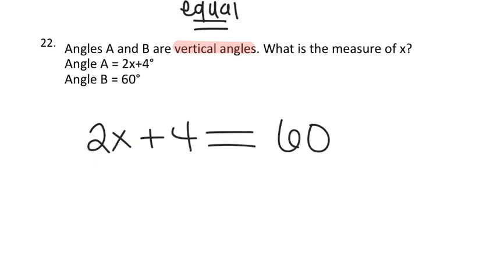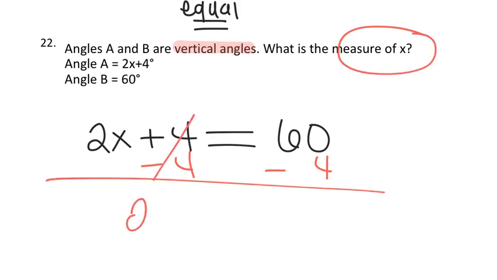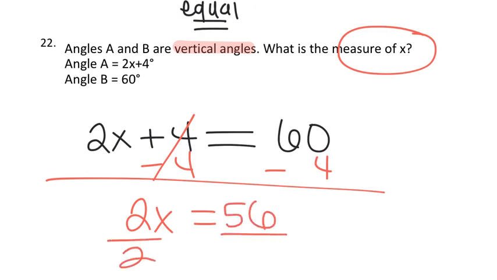Notice how it formed a nice two-step equation. From this point, we will just solve for the measure of x. So I'm left with 2x equals 56, and we'll divide each side, and I got x is equal to 28.